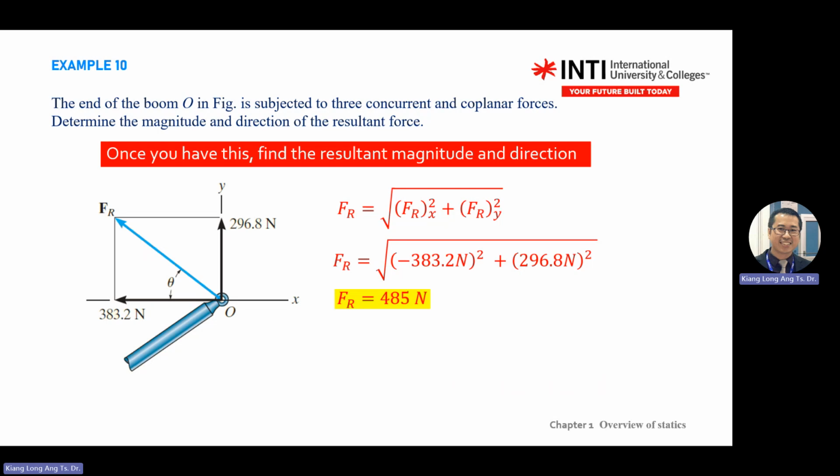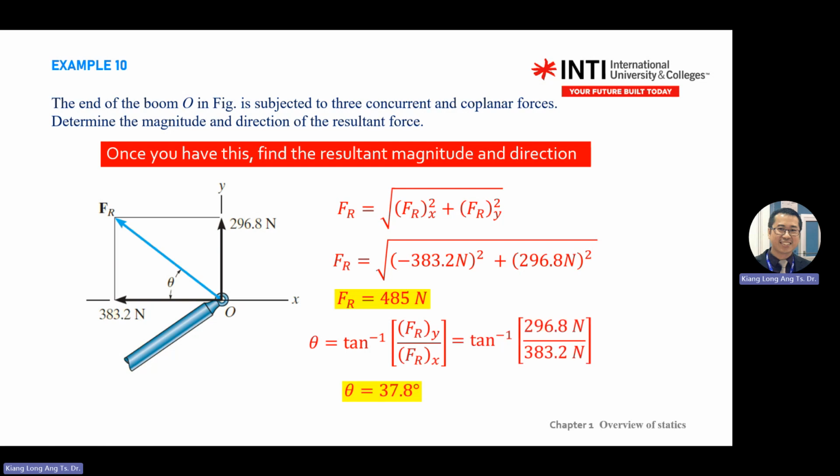C square equals A square plus B square, so C equals square root of A square plus B square. This is how this equation comes from. Angle will be 37.8 degrees. Remember to put the degree.